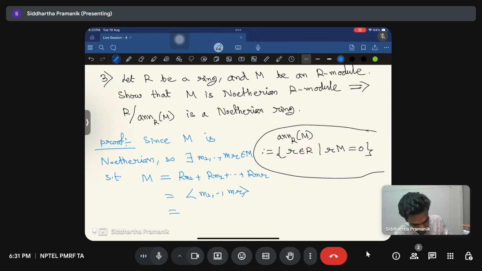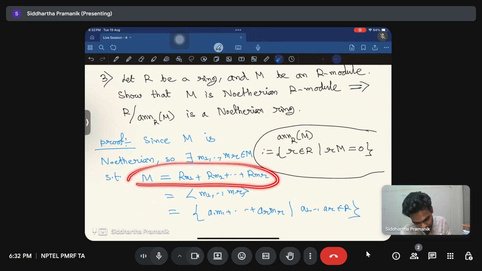So this is basically the set a1m1 plus dot dot armr, okay, not R, such that this a1 up to ar belongs to R. So basically we are writing this as a generating set.